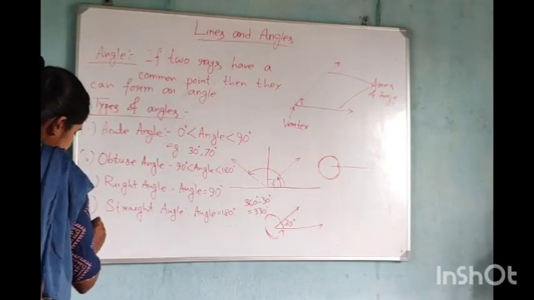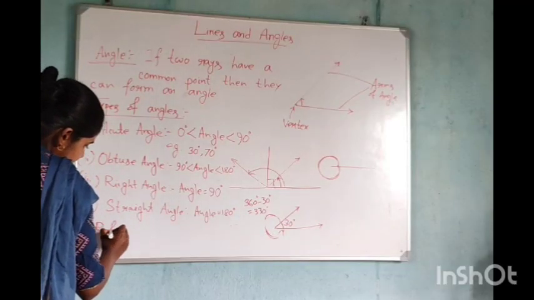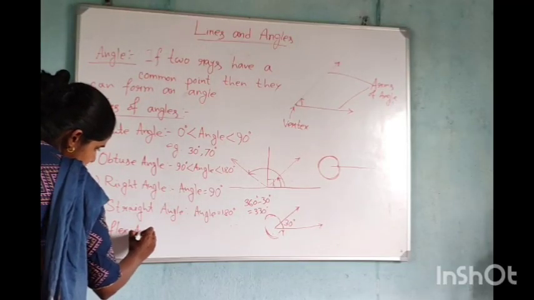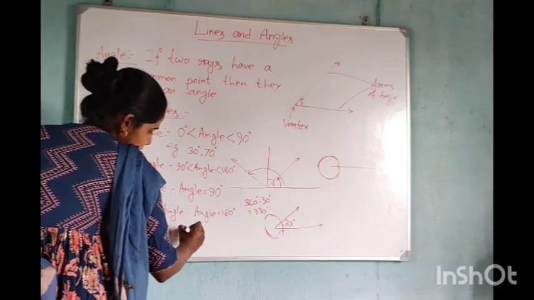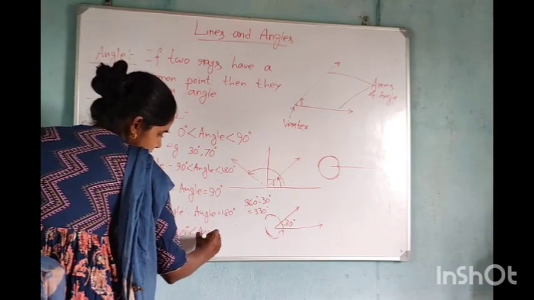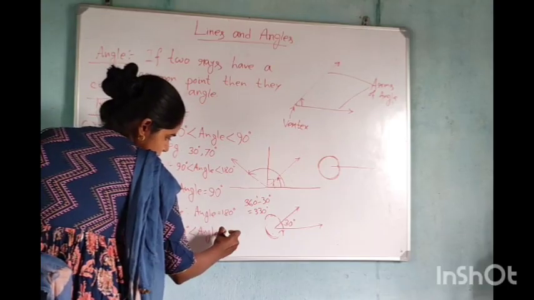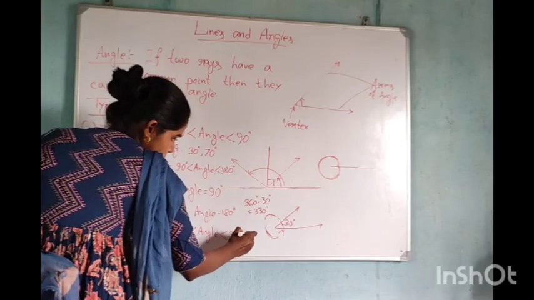So the reflex angle definition is: the angle will be greater than 180 degree and less than 360 degree. Okay.